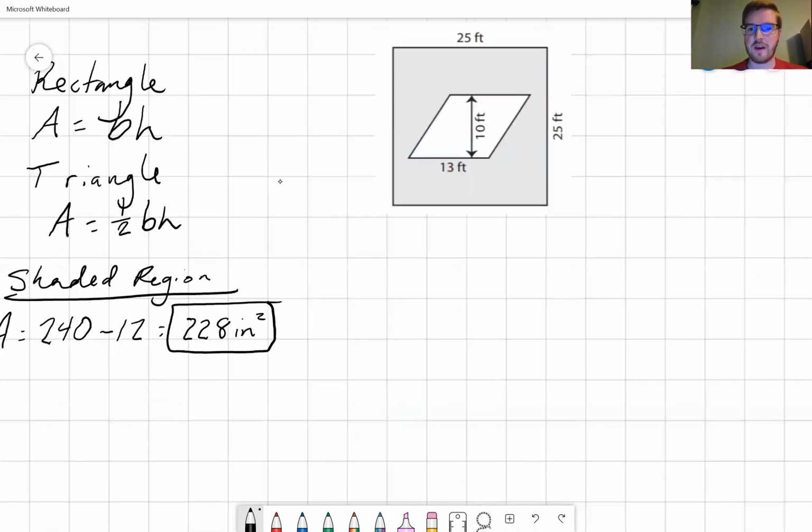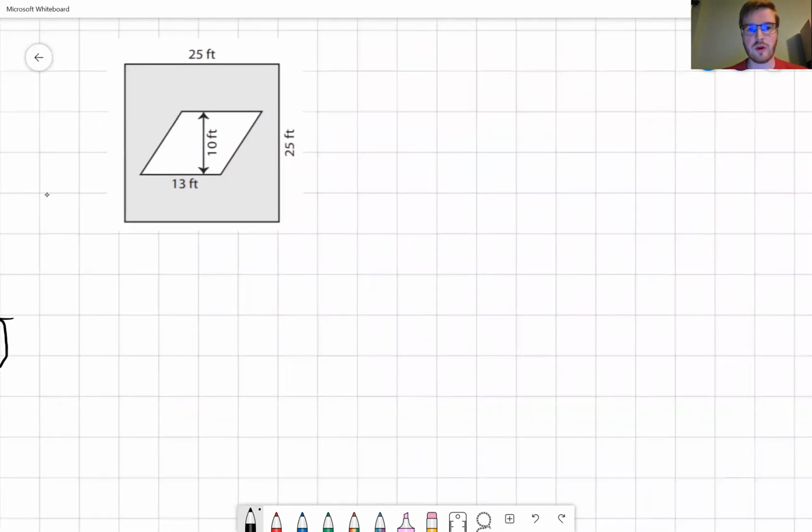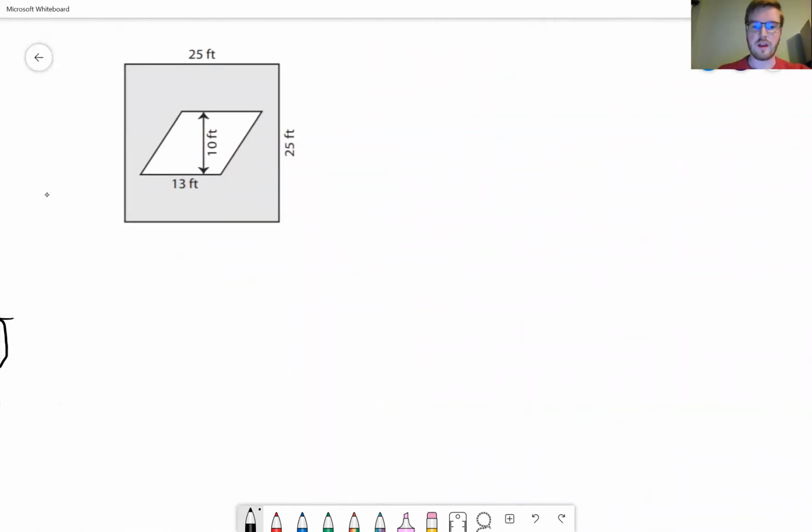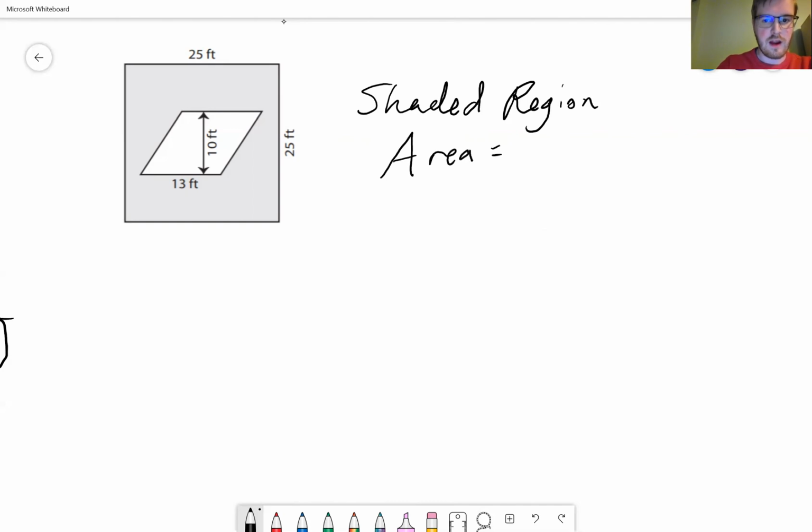And then on this last example here, instead of doing the work for you, here's what I'm going to do. All right, you guys can pause this video at any time. But what I'm going to do is I'm going to give you guys what I got as the final area of the shaded region. I'm going to ask you guys to see if you can come up with that answer on your own, following the steps that we've done in the last two.